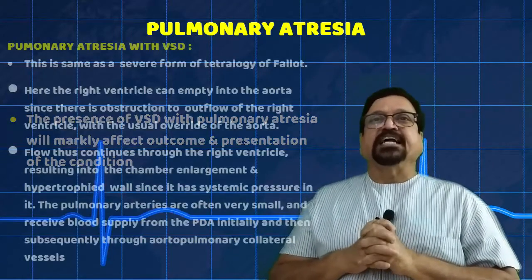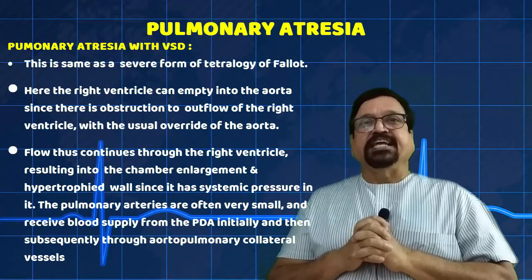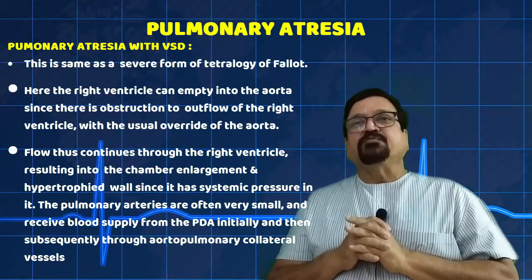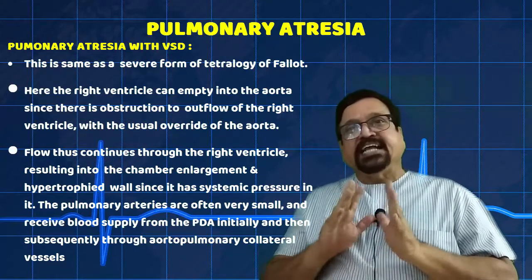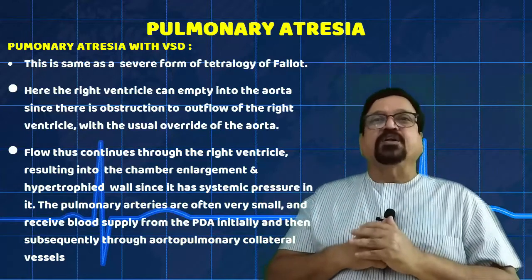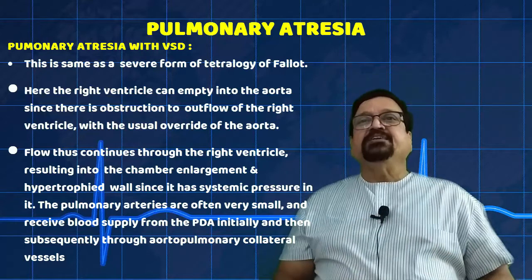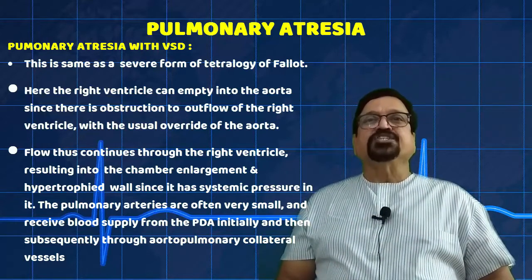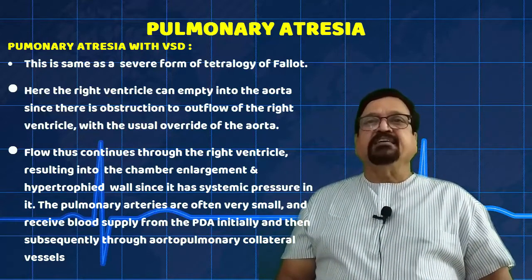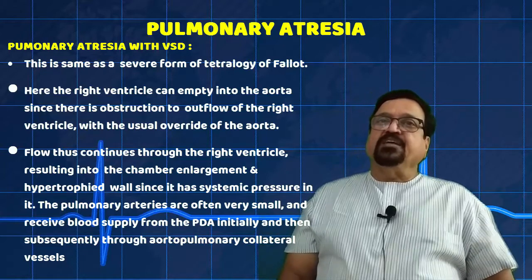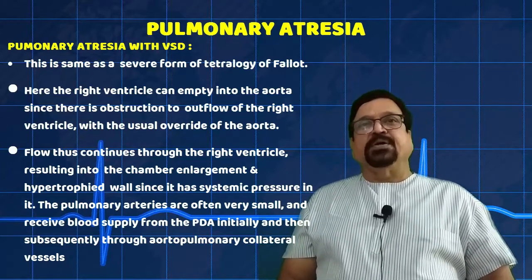of pulmonary atresia. Now pulmonary atresia with VSD is a severe form of tetralogy of Fallot. Here the right ventricle can empty into the aorta since there is obstruction to the outflow of the right ventricle, with the usual override of the aorta.